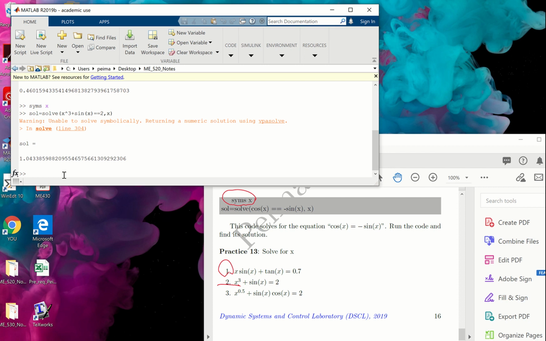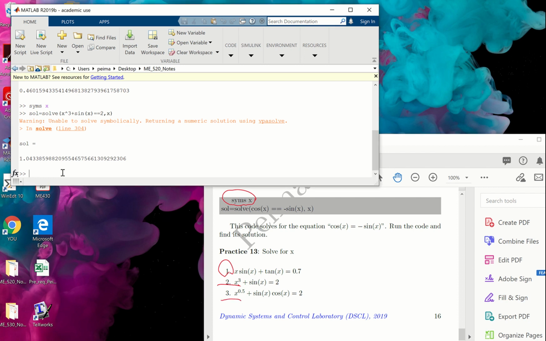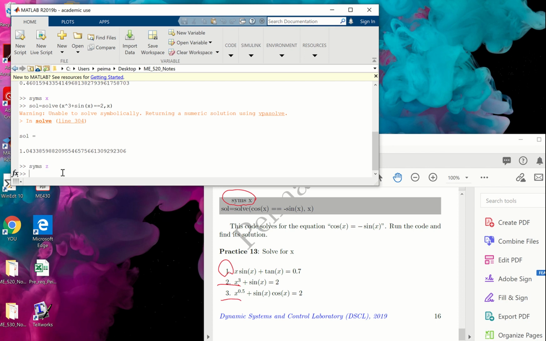And now number 3. I'm saying that I'm changing the variable to z. Do you care? No. So the equation is z to the power of 0.5. That's right. This is z power, in sine of z multiplied by cosine of z.